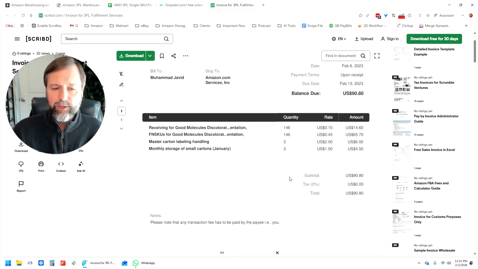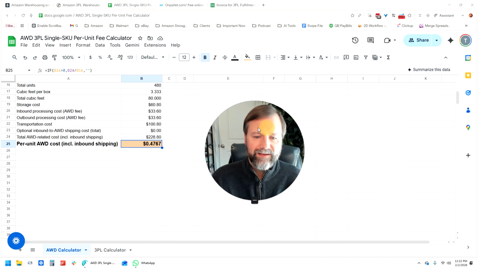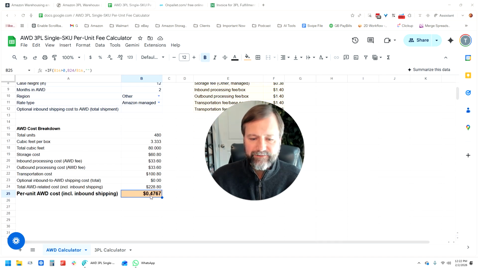Then look at how many units you moved through your 3PL that month and divide your total by those units, and you'll get a much closer cost per unit breakdown for your 3PL. Then you can use our calculator here and determine if your costs with your 3PL are less than AWD.